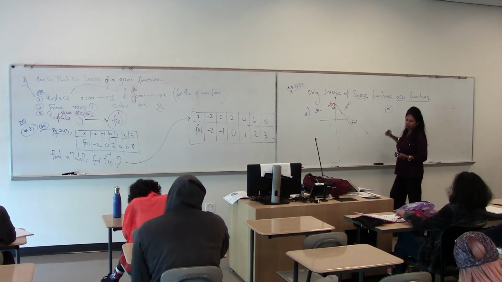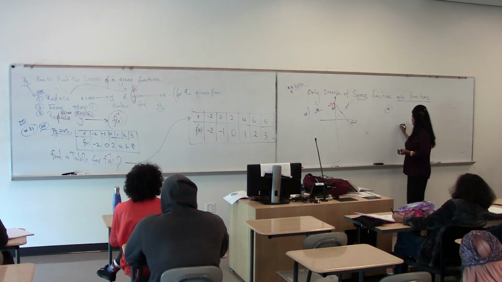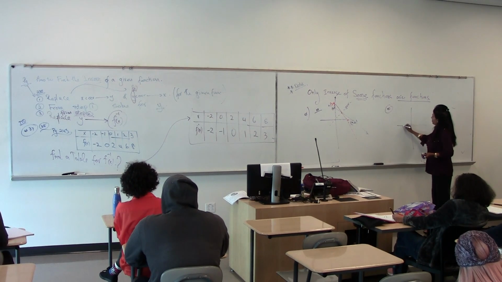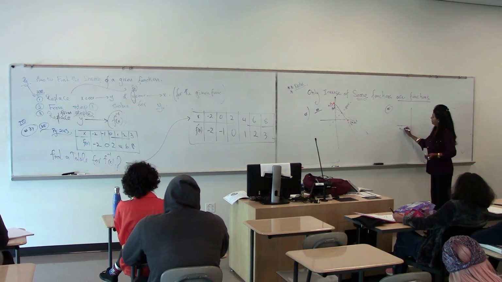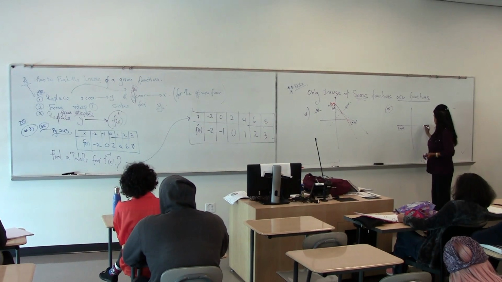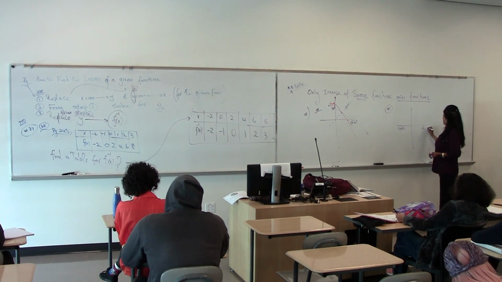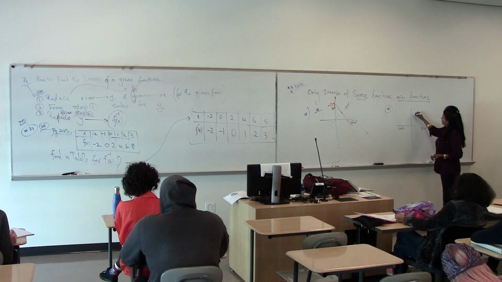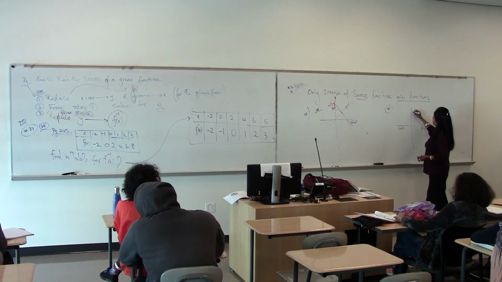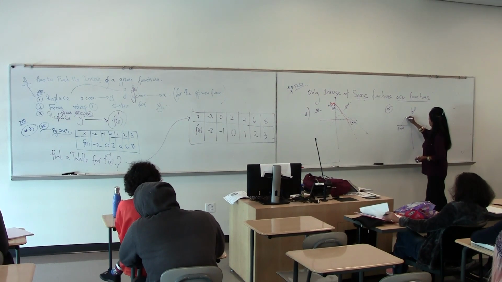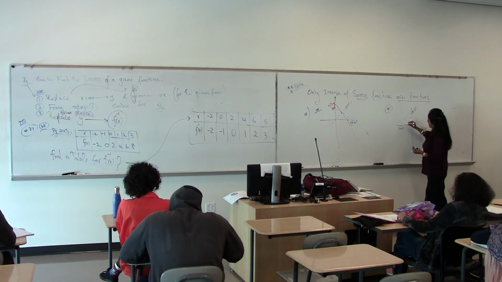Example 40, we are given a graph. Let's say this is negative 2, 0, and this is positive 2, 0. This is 0 and 2, and we have a graph going like this.